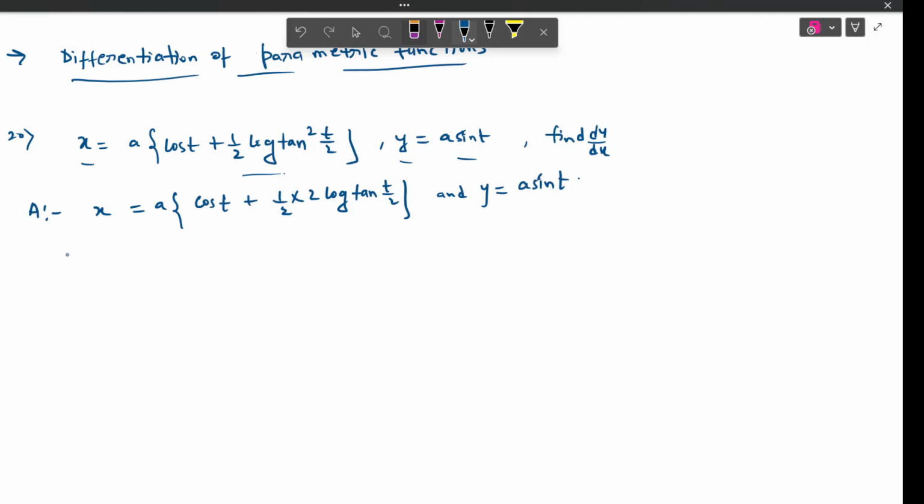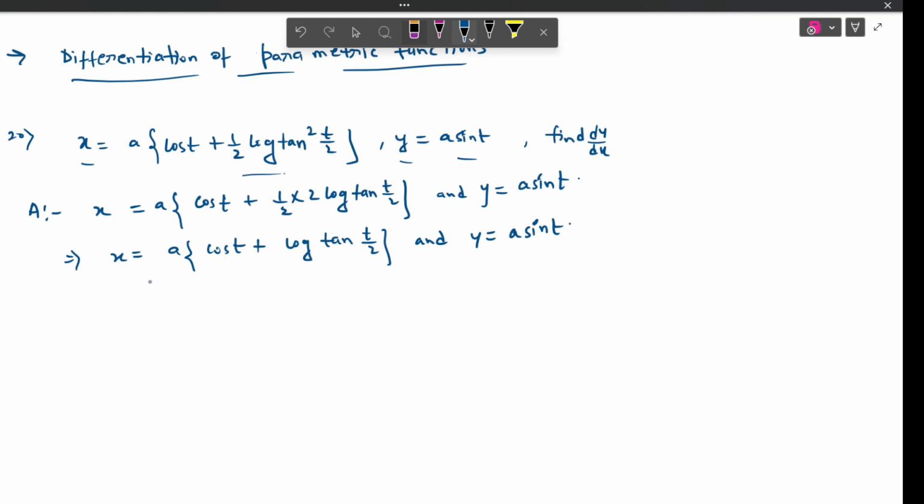These two will cancel out. So x is a cos of t plus log of tan of t by 2, and y is a sine t.